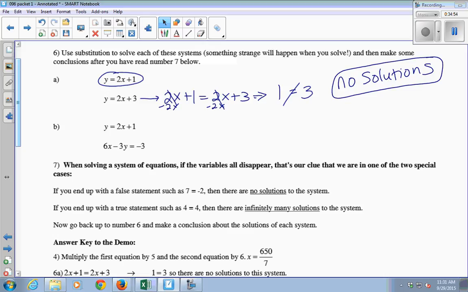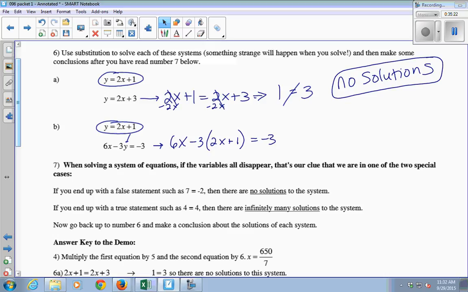All right, similar approach in B here. I'm going to look at my y equals 2x plus 1. So y and 2x plus 1 have the same value. They're equal. So in my next equation, I can replace the y with a 2x plus 1 because they're the same. So this becomes 6x minus 3 times 2x plus 1 equals negative 3.